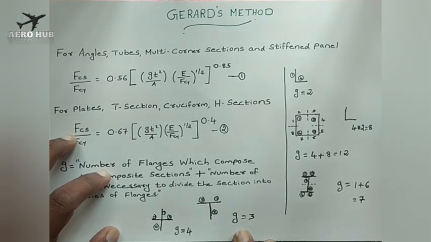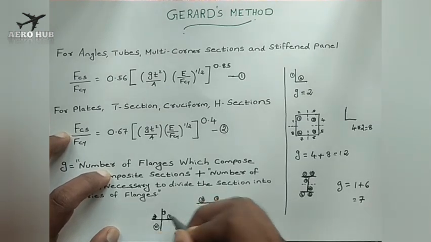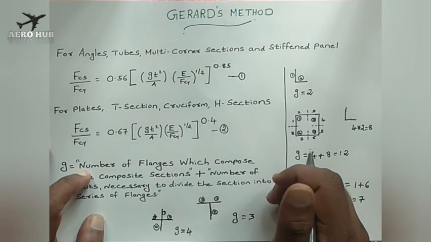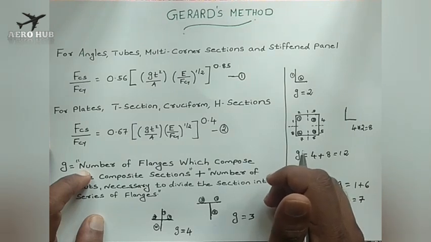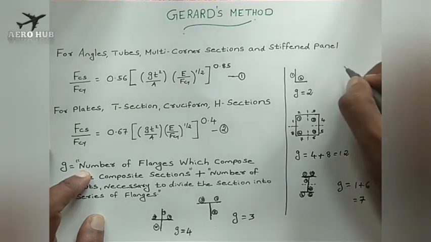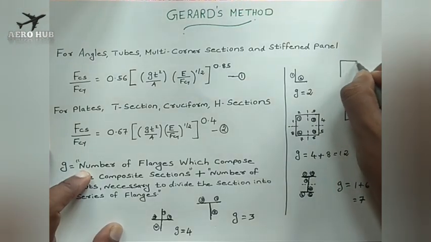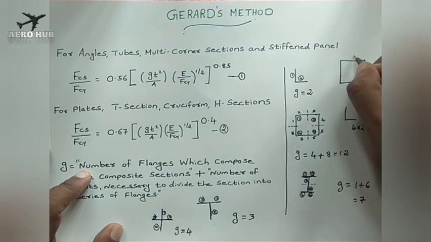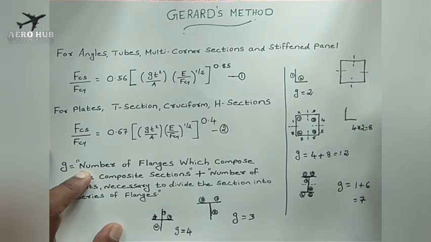So this is the technique to find the value of G for sections. I repeat, we have to divide the sections into a number of angle sections. For example, for a square section, I am cutting it into 4 portions, that is the number of cuts is equal to 4.